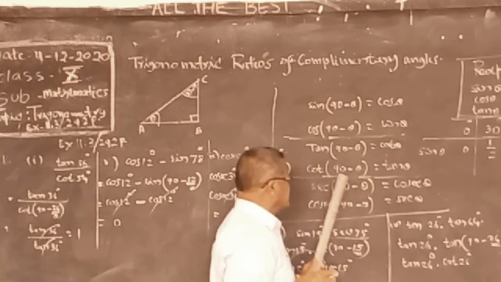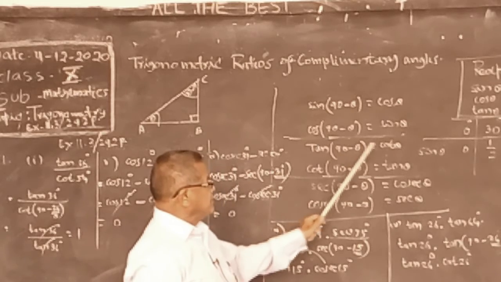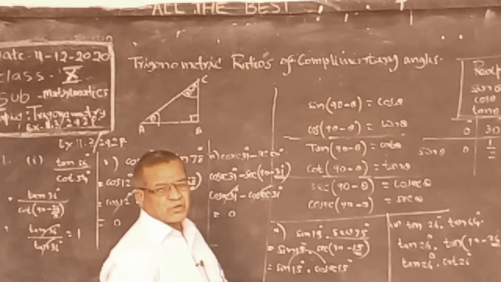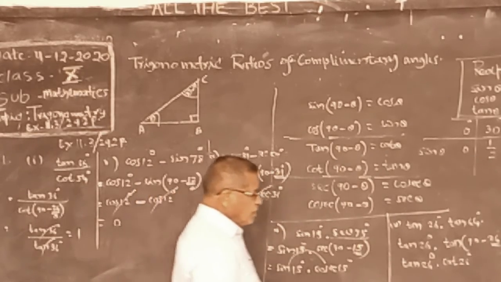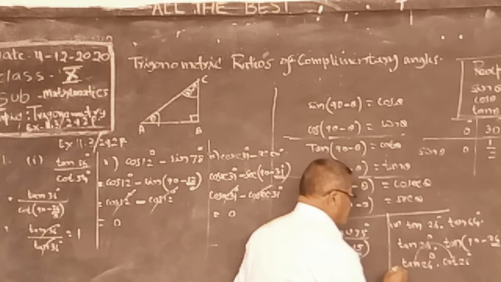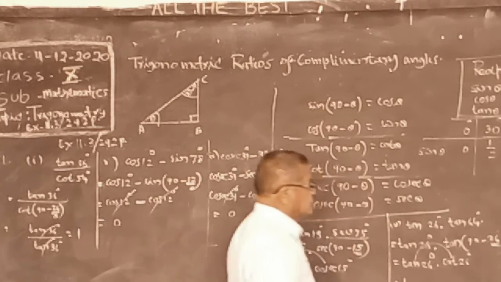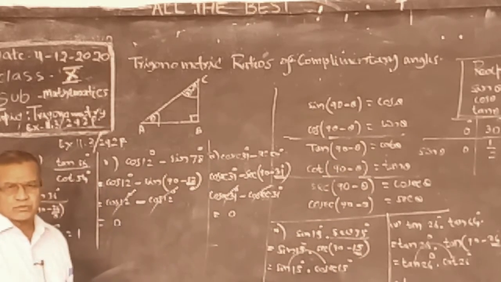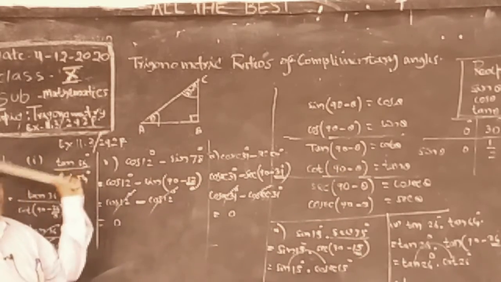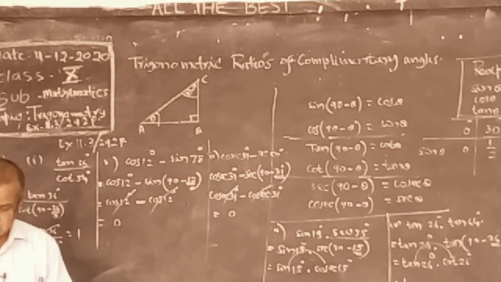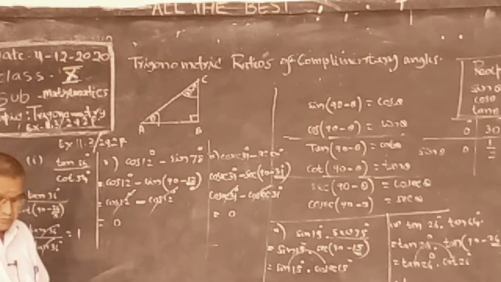Tan 90 minus theta is cot theta, co-angles. But these two are reciprocals, and the product of reciprocals is 1. That's how you have to do it. Second one.